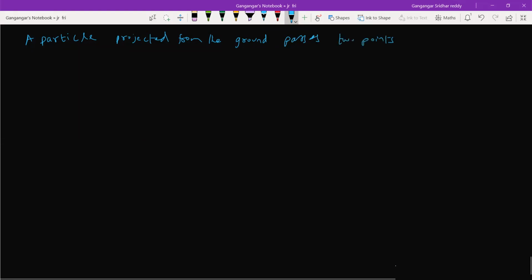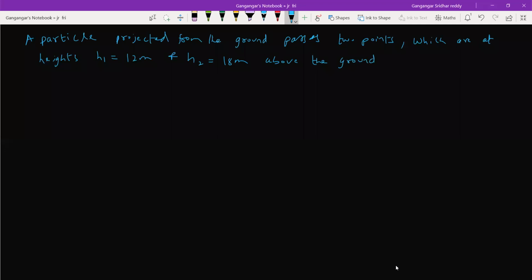A particle projected from the ground passes 2 points which are at H1 12 meter and H2 18 meter above the ground, and the distance D is equal to 10 meter apart.